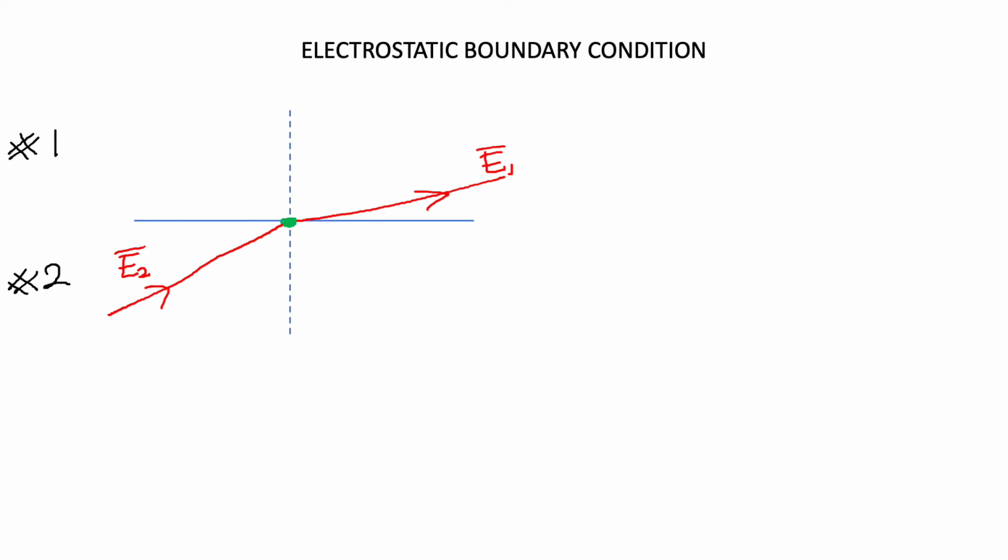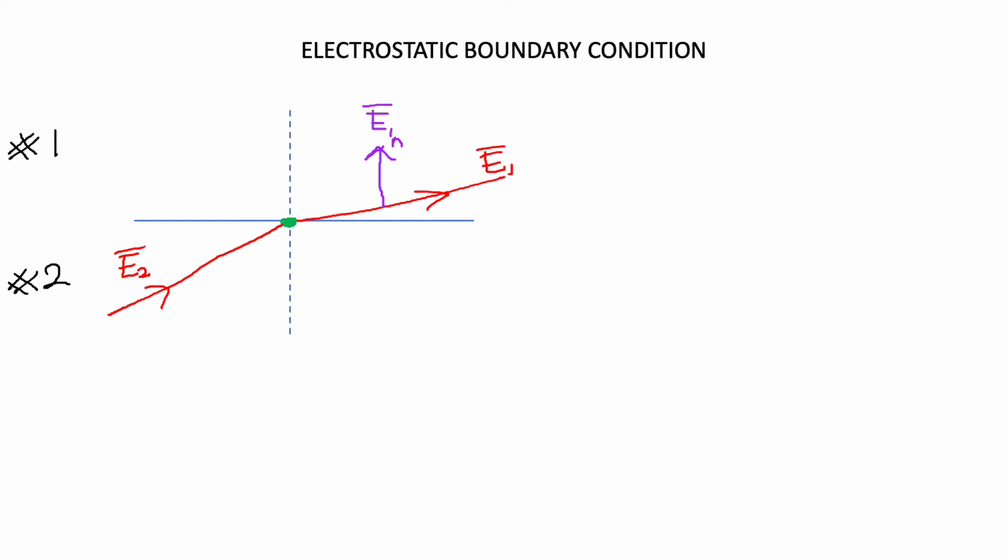The normal to the boundary can be drawn as this line, where it is 90 degrees to the boundary, and I will name it E1n, since it's normal to the boundary. And the second vector is the tangential to the boundary.